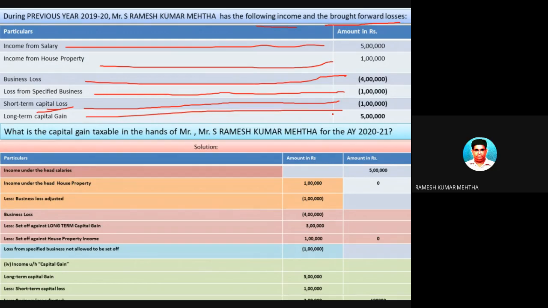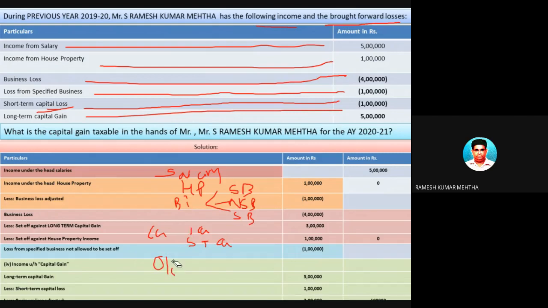There are five sources of income, as I already told: salary income, house property income, business income, and under this we have three: speculative business income, non-speculative business income, and specified business income. Then long-term capital gain and short-term capital gain under capital gain, and income from other sources.